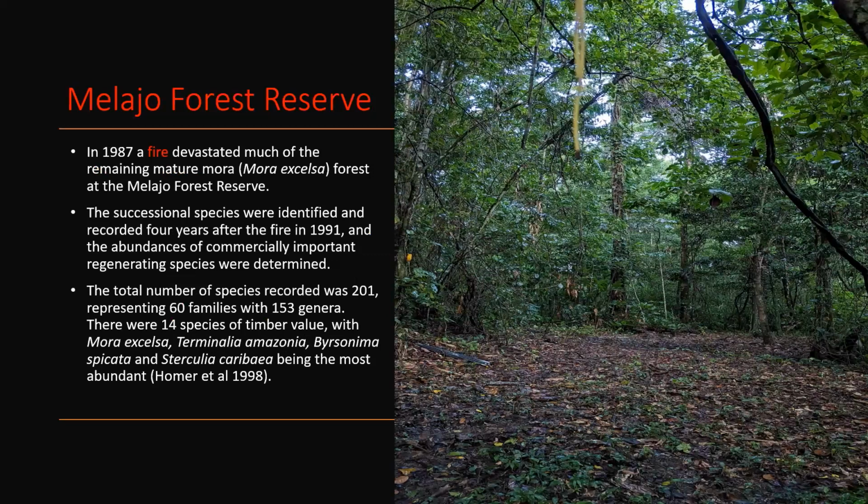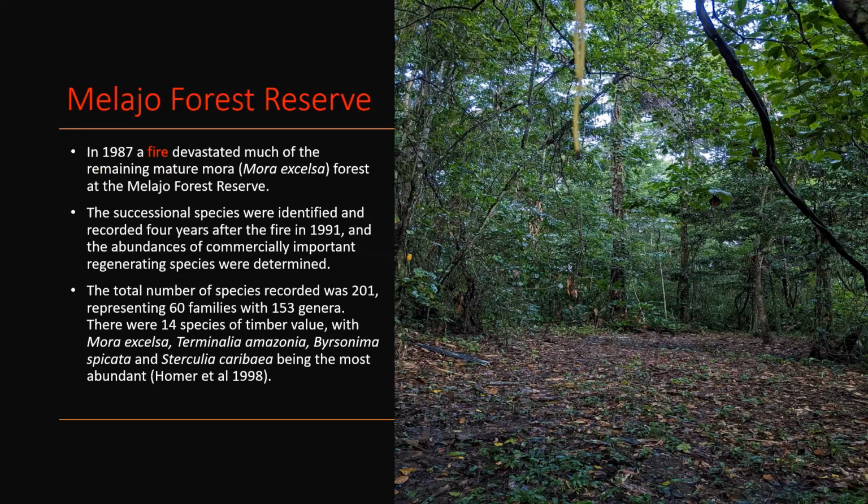In 1987, a fire devastated much of the remaining mature Mora forest at the Malau Forest Reserve. Successional species were identified and recorded 4 years after the fire in 1991, and the abundances of commercially important regenerating species were determined.